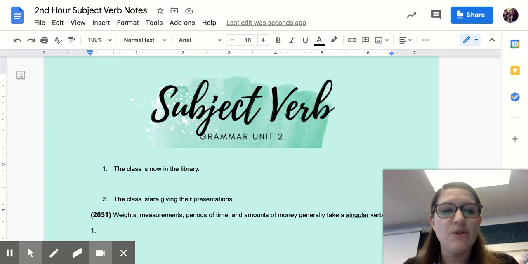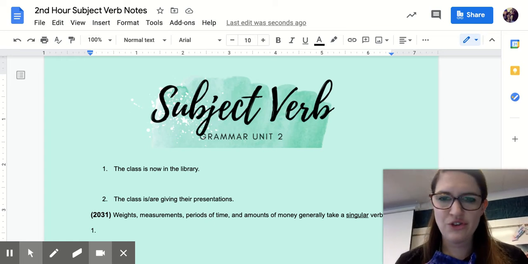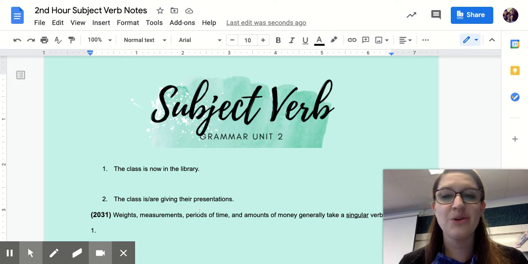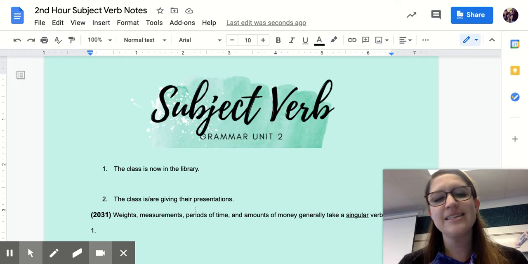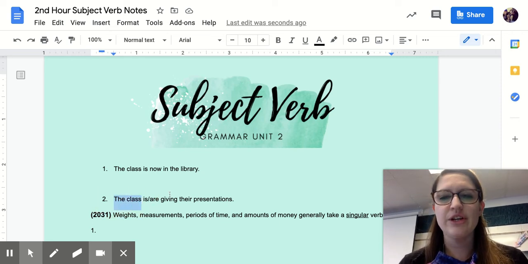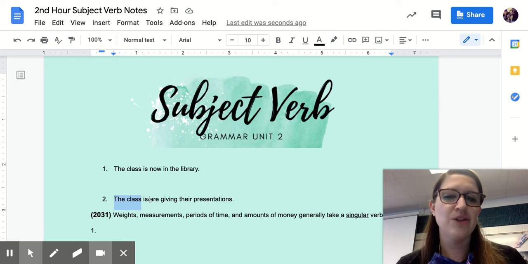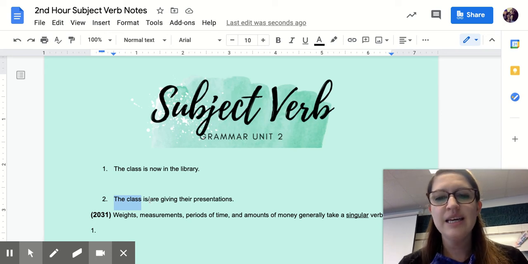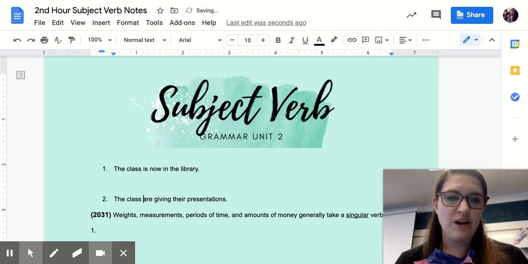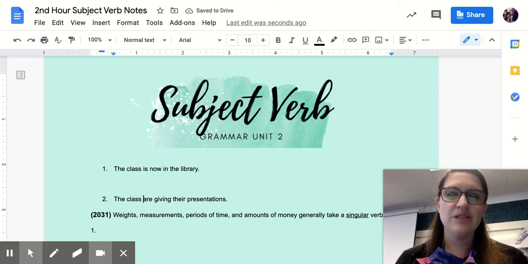Each person has their own presentation that they've done research for, that they have worked hard on, that they created the slides for. They're giving their own presentation. They're acting individually, which means that the class here is actually plural. There are many people in this class, each doing their own thing. They're acting individually. So because of that, we need the plural verb. We need are. The class are giving their presentations.